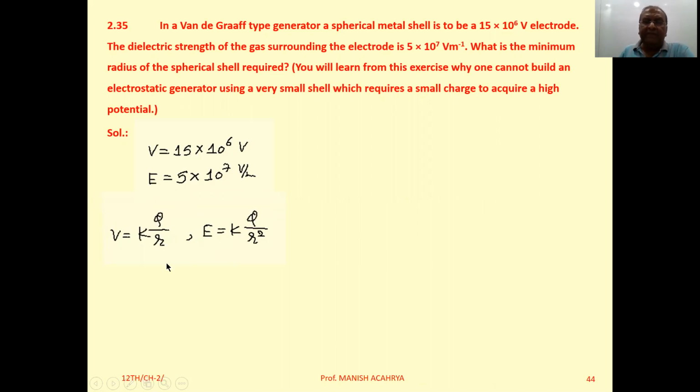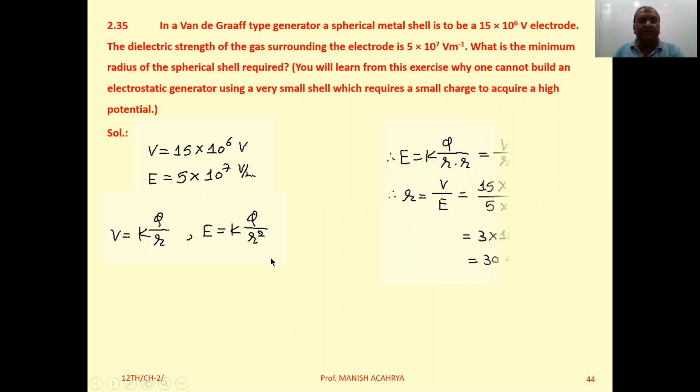Now see, here we have the equation for the potential at the surface of the spherical shell, that is V equal to KQ upon R. Similarly, we can write the equation for the electric field at the surface of the metallic shell, that is E equal to KQ upon R square.